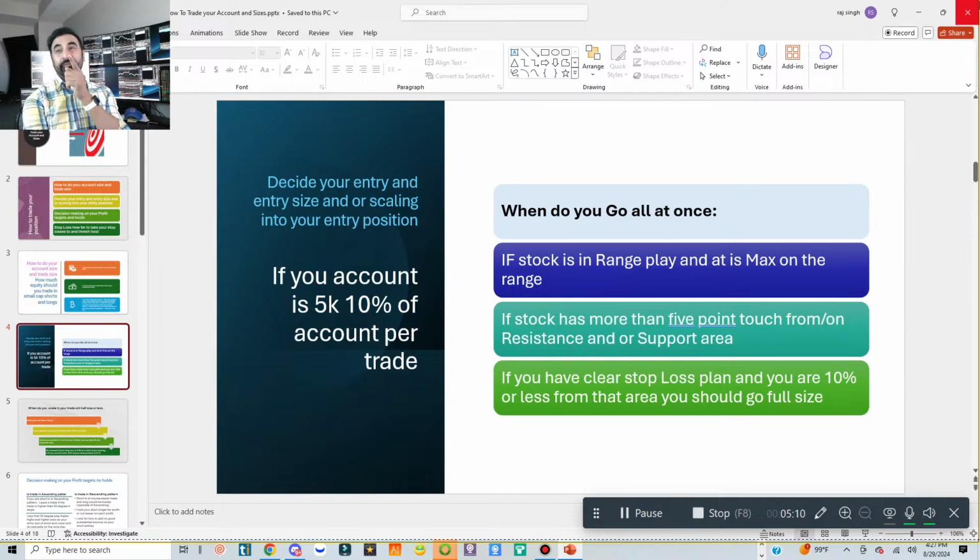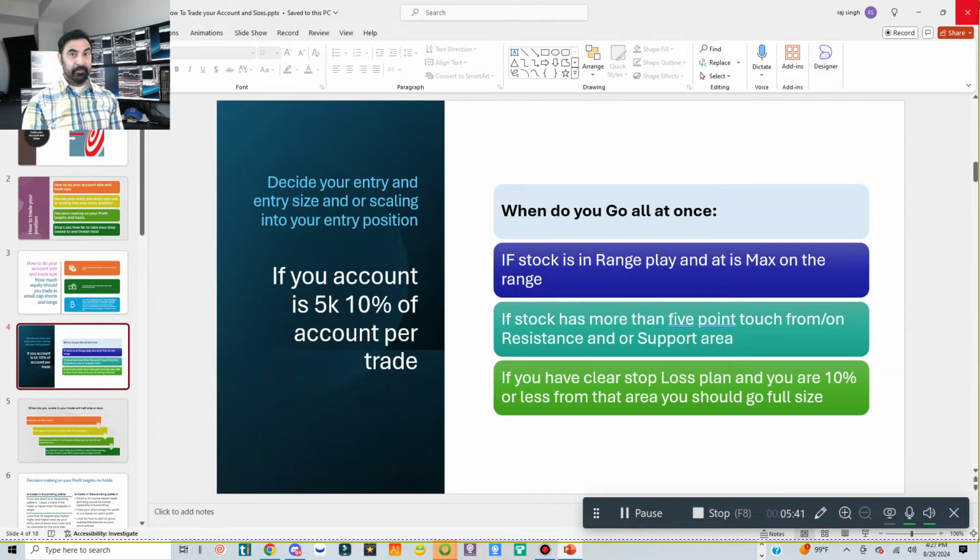If you have a clear stop, wherever you're entering, you have to have a stop loss, guys. You have to have a stop loss. A stop loss plan of 10% or near 10% is what you need to go full size, or even less. But if a stop loss is 20%, I'll talk about that in the next slide, and you get an entry and your reasonable stop loss is 20%, can you afford to go full size?